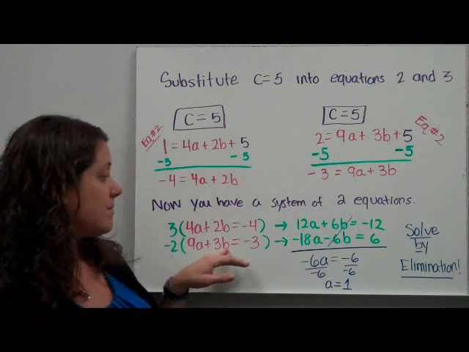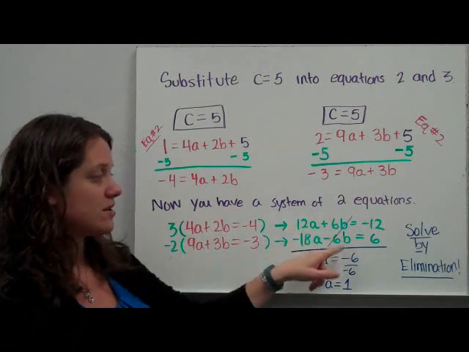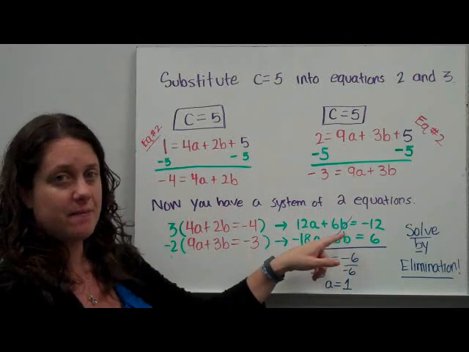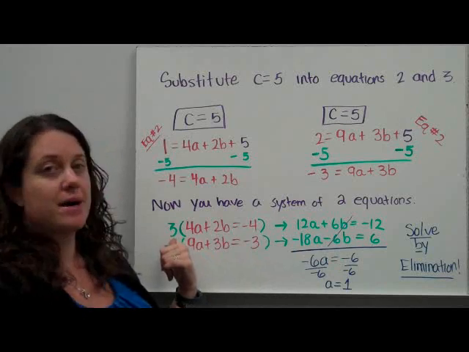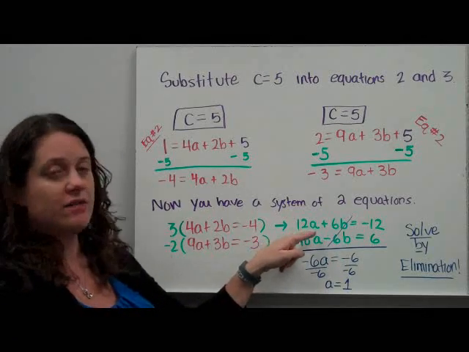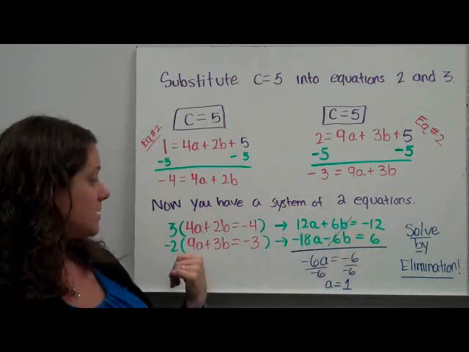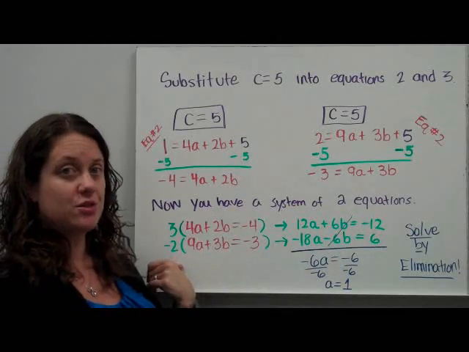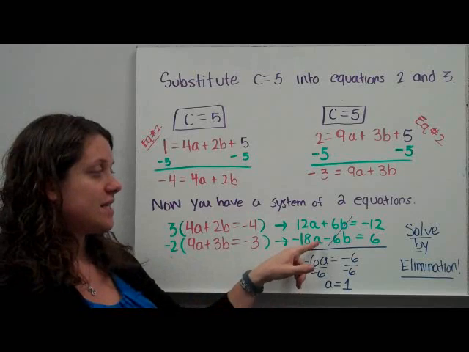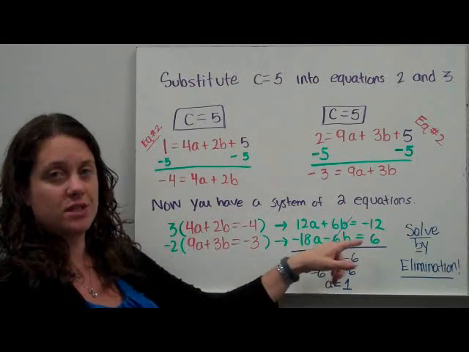When I solve by elimination, I need to eliminate one of the terms, so I decided to eliminate b. I multiply the top by 3, so I get 12a plus 6b equals negative 12. I multiply the bottom equation by negative 2, which gets me negative 18a minus 6b equals 6.